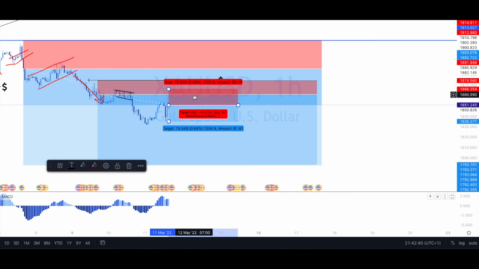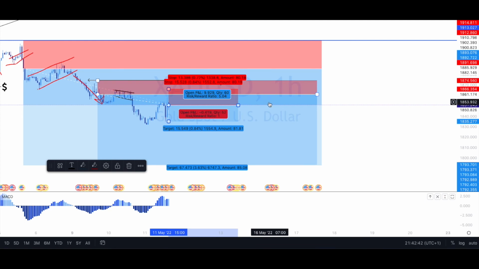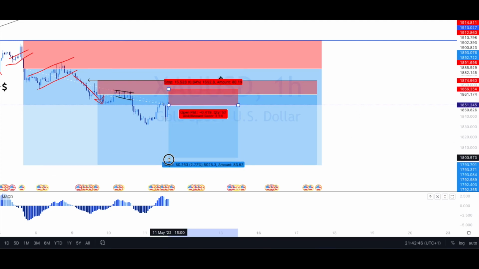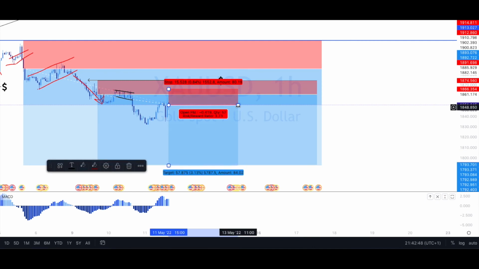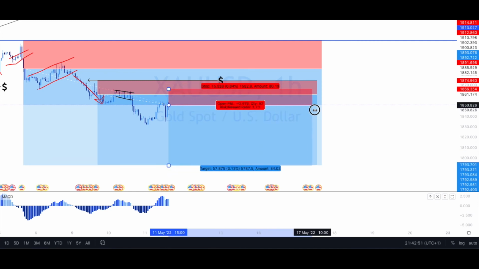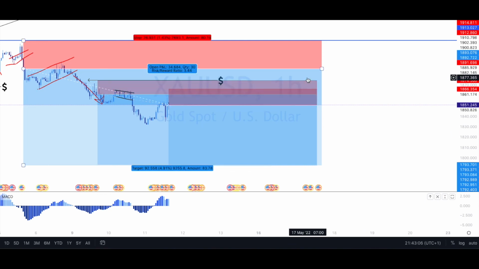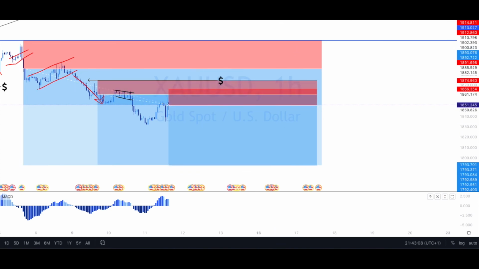And our trailing stop stays where it is for now, and we now see what it's going to do.